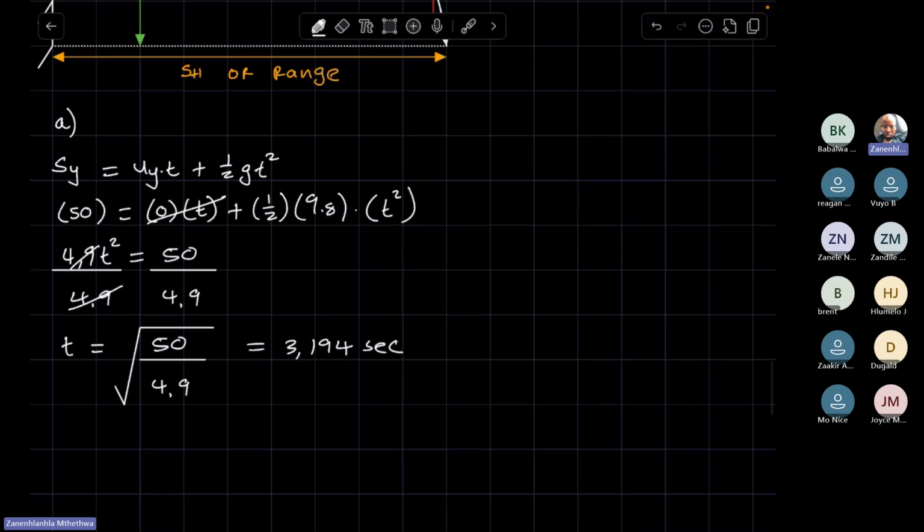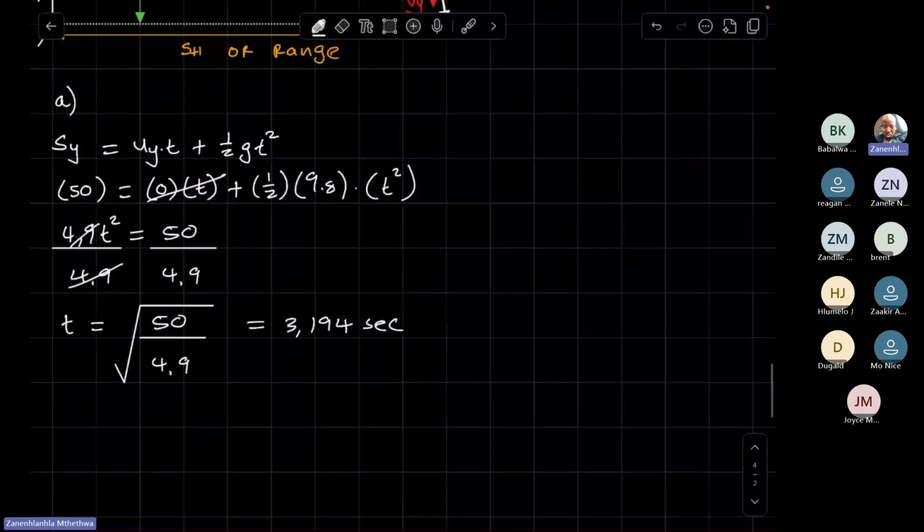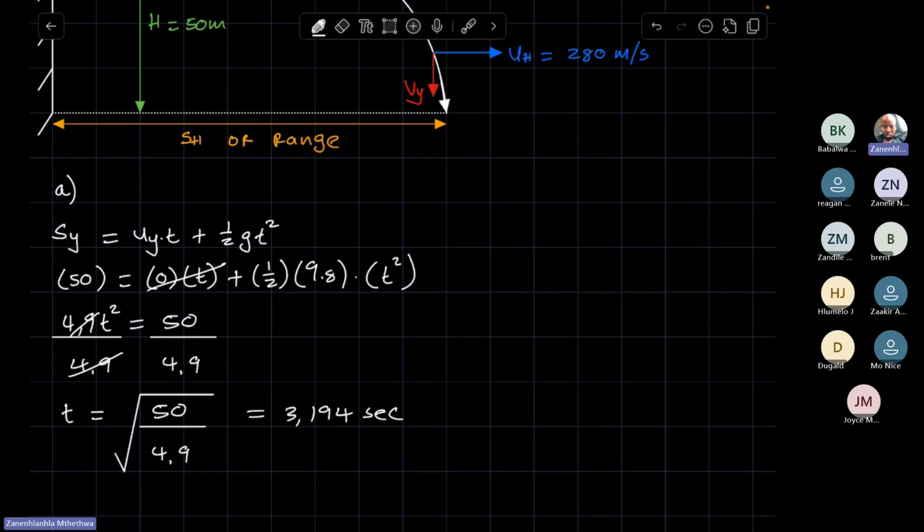Now, for the approach that one of you guys suggested, it would be a two-part approach. You would first have to calculate the final velocity. So you would use Vy squared is equal to Uy squared plus 2G Sy.